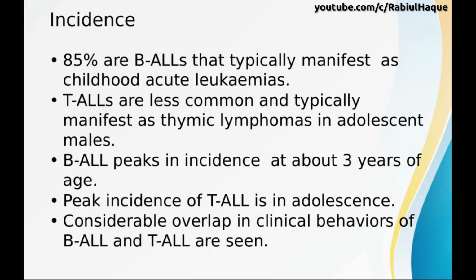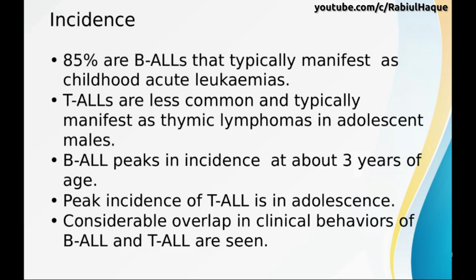Regarding the incidence, always remember 85% of the cases are B-cell acute lymphoblastic leukemias or lymphomas, and they typically manifest as childhood acute leukemias. On the other hand, 15% of the cases are T-cell acute lymphoblastic leukemias or lymphomas, so they are less common and they typically manifest as thymic lymphomas in adolescent males.